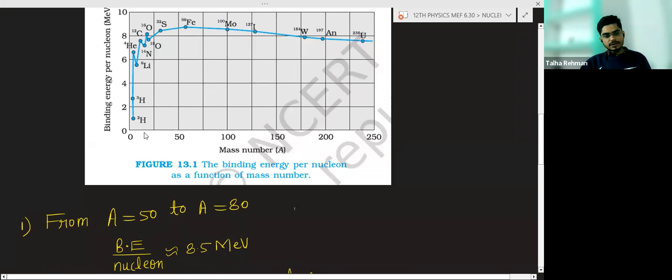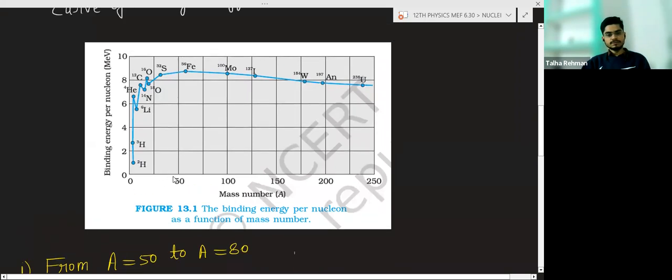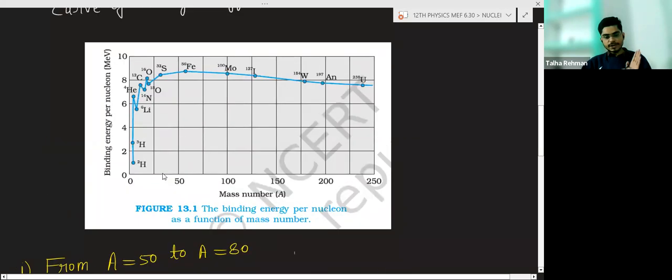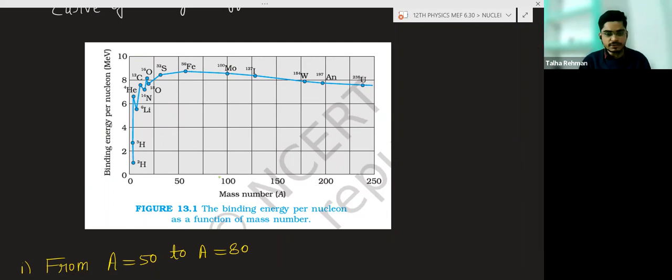For 50 to 80, this is 0, this is 25, this is 50, here will be 75, so 80 will be somewhere here approximately.